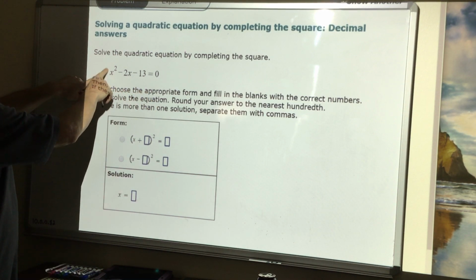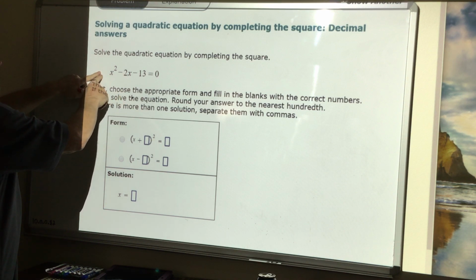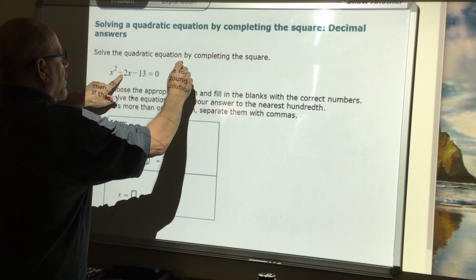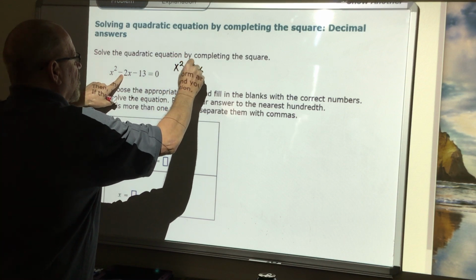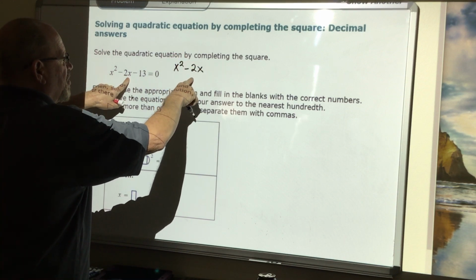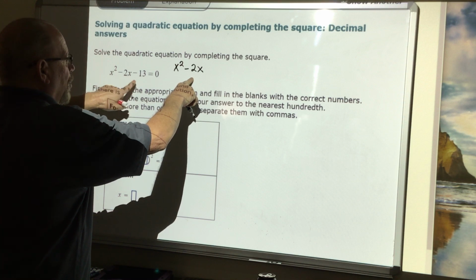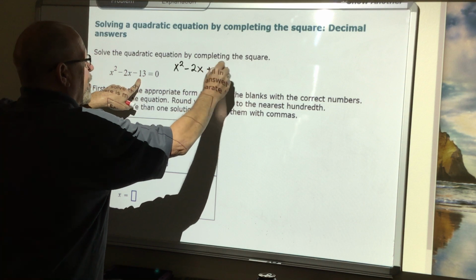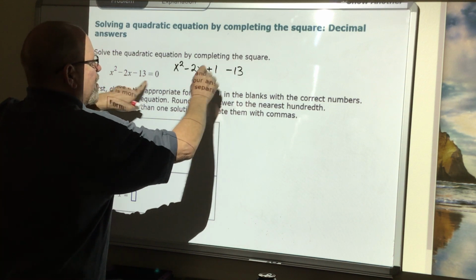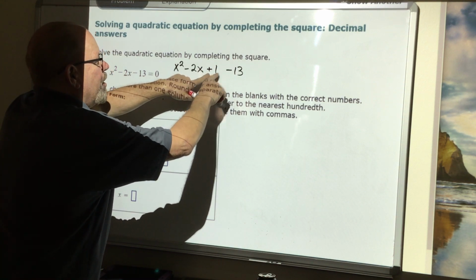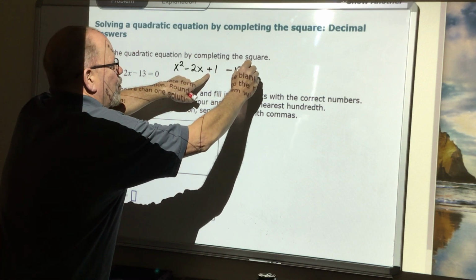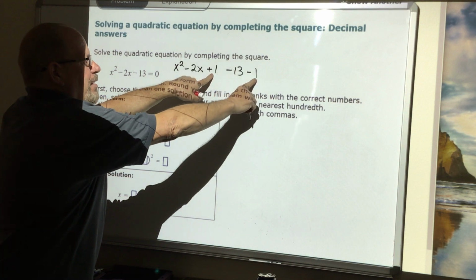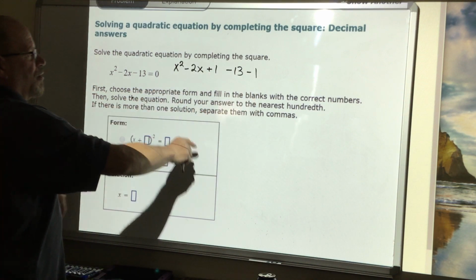There's no lead coefficient, so there's no number to factor out ahead of time. So I have x squared minus 2x. Take half of this, that's negative 1, and square it and add it here. And then I have minus 13, and since I added 1 here, I have to subtract 1.